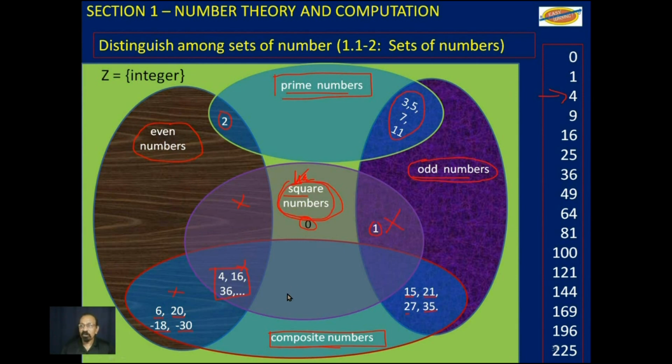They are also composite numbers, and they are also even numbers. So these numbers fit in this section here. Over on this section here, we have odd numbers. They are odd numbers, they are square numbers, and they are also composite numbers.